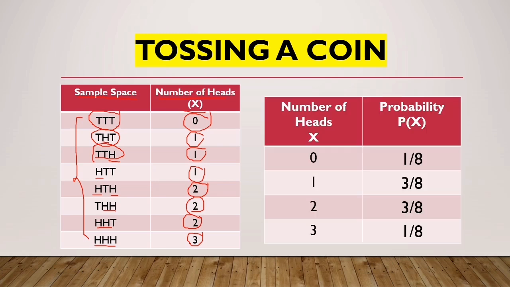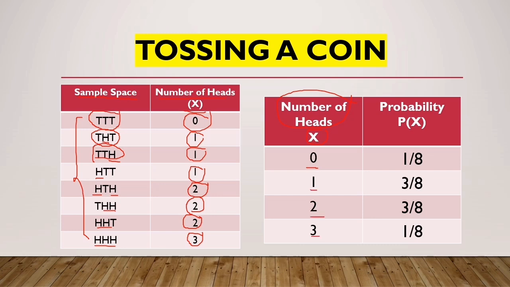Now, what we're going to do next is summarize the values of our random variable, the number of heads. So we have here in the first column our random variable, the number of heads, represented by capital letter X. Now, as you have noticed, we only have 4 possible values, that is why we only have values such as 0, 1, 2, 3.